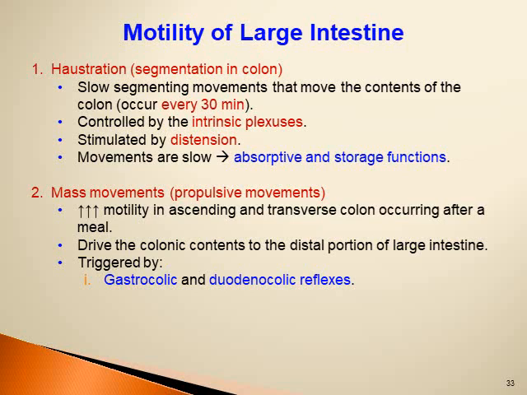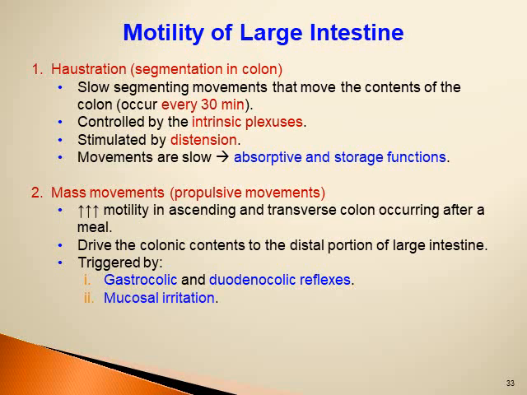The gastrocolic reflex means that distension of the stomach will stimulate contraction of the colon, or mass movement in the colon. The duodenocolic reflex again means distension of the duodenum with chyme will stimulate mass movement in the colon. These are mediated by reflexes that run through the enteric nervous system, mainly the myenteric plexus.